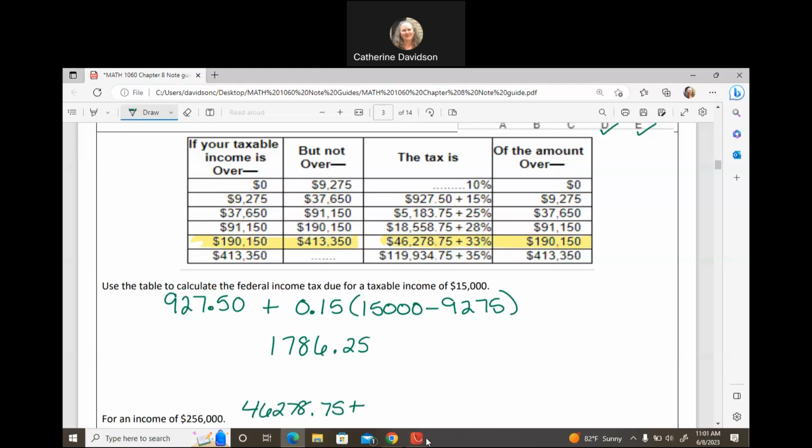Plus, you're going to pay 33%, which we're going to convert to decimal, of anything that you make over 190,000. Now you've made 256, so that's about $66,000. You're going to pay 33% of that. So put in the amount that you made that year minus that 190,150, and that's coming from here. And that's what we're going to put in our calculator.